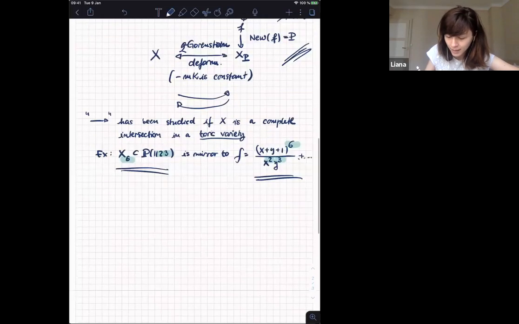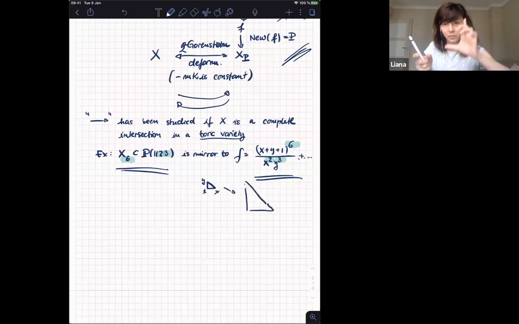Well, it's just x plus 1, y plus 1, which is just a basic simplex, right? This is x, this is y, and this is (0,0) with a constant term, right? Now, if you want to put it to the 6, then you just enlarge this polytope 6-fold. So you make something with side 6.